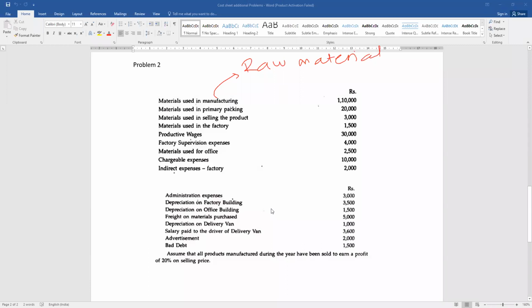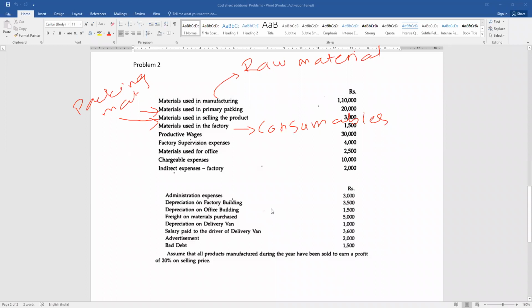Then, material used in primary packing is nothing but the packing material. Same thing with selling the product, secondary packing, and material used in the factory. These are called consumables, which can be some additional material required in the factory.